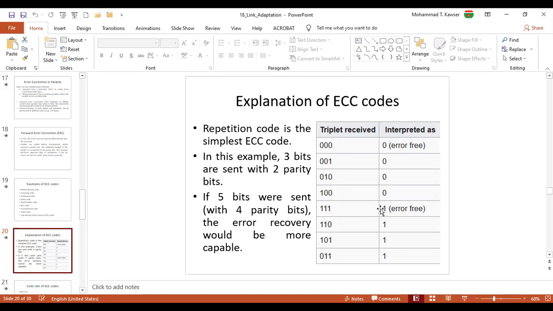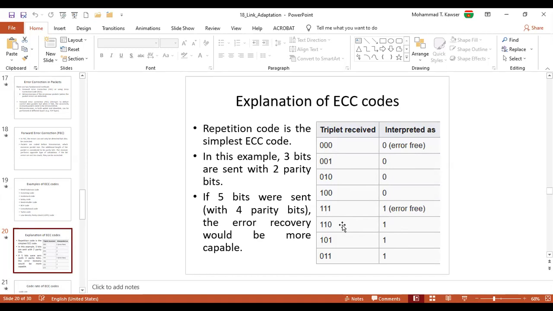Say you want to transmit only 0 or 1. When you want to transmit 0, instead of a single 0, you send 3 zeros from the transmitting end. When you want to transmit 1, instead of only 1 bit, you send 3 bits with values 1.